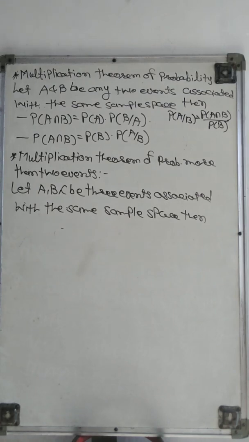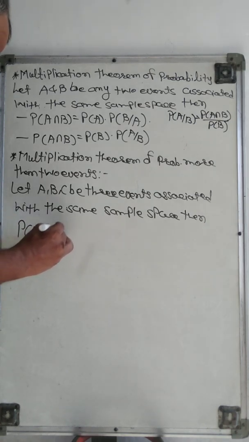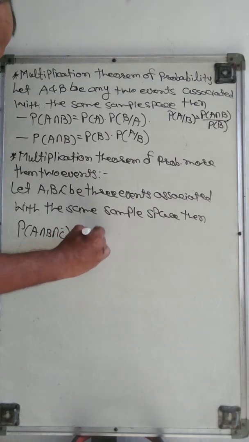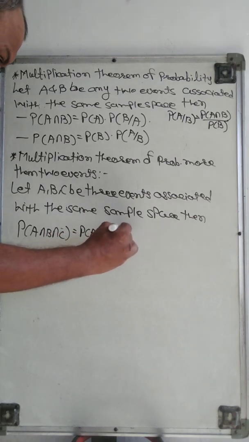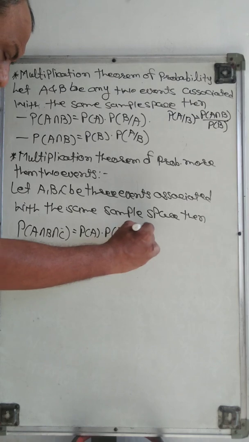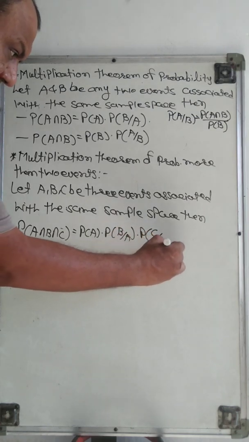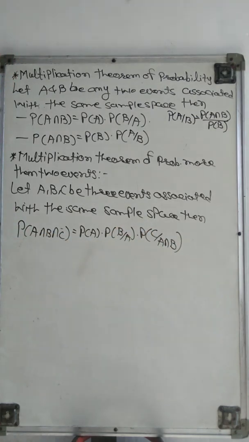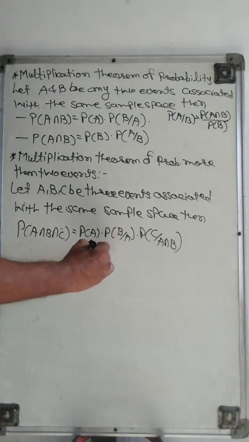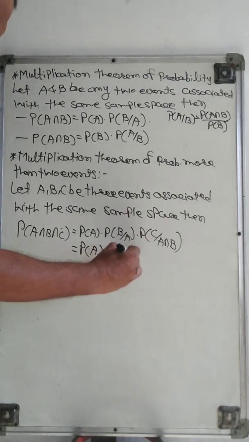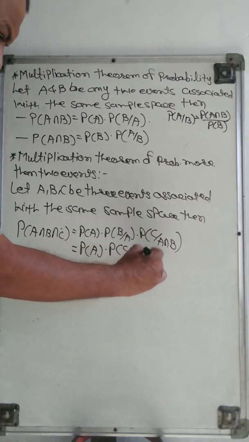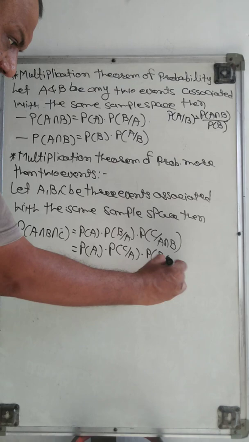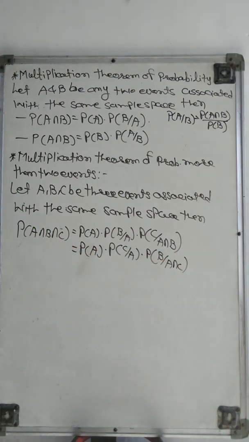Then first of all, P(A intersection B intersection C) is equal to P(A) into P(B|A) into P(C|A intersection B). This is not the only one, but here we take P(A) into P(C|A) into P(B|A intersection C). This is also the same thing.